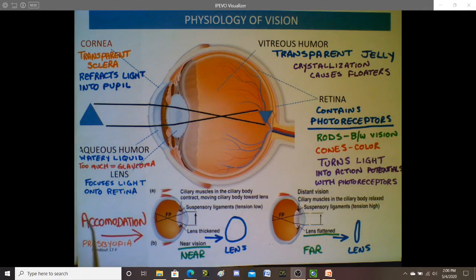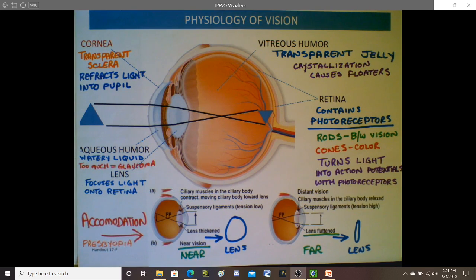This is called accommodation. So the lens is accommodating. It's changing its shape based on what it needs to do to focus that light properly onto the retina. All right. So that process is called accommodation.